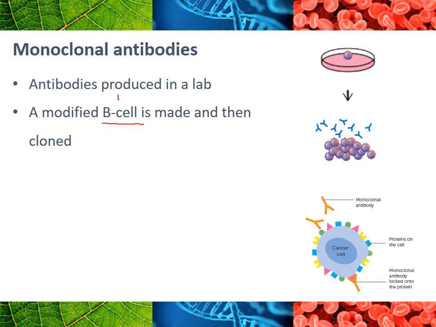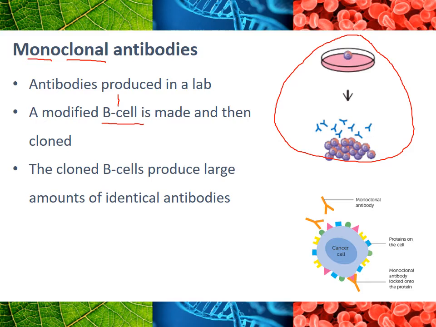So we start with one cell, which is the mono part of that, and then that cell is cloned. So we get a bunch of clones of a cell that started from one cell. Now, because they are B cells, they produce antibodies. And because all of the cells came from one original cell, all of those antibodies will be identical as well.